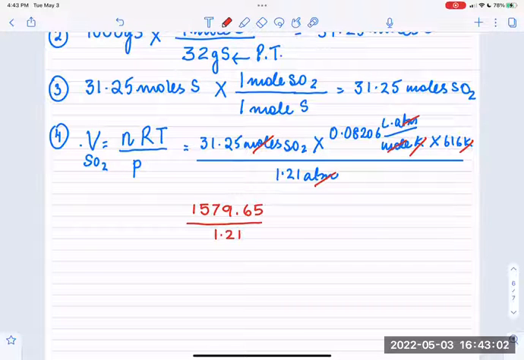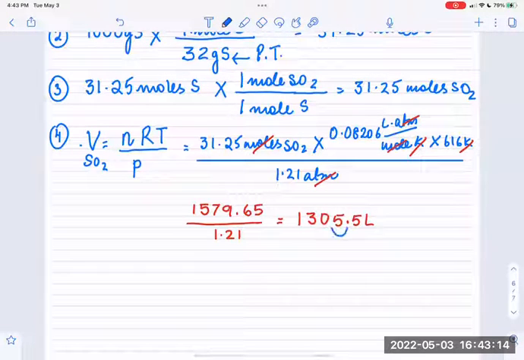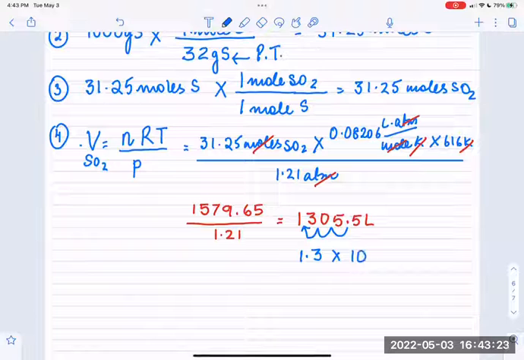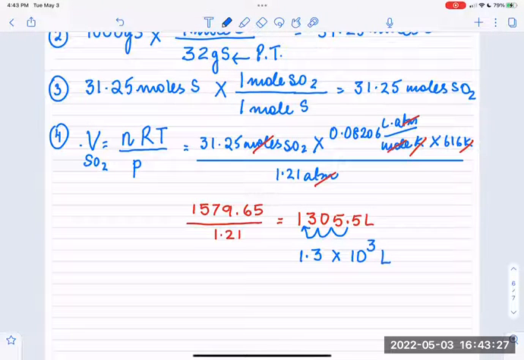Divide by 1.21, and that gives you 1305.5 liters. And that is a standard notation. You can write it in scientific notation by moving the decimal point. So this becomes 1.3 times 10 to the power 3 liters. Okay, and that is the volume of sulfur dioxide. Got it, guys?